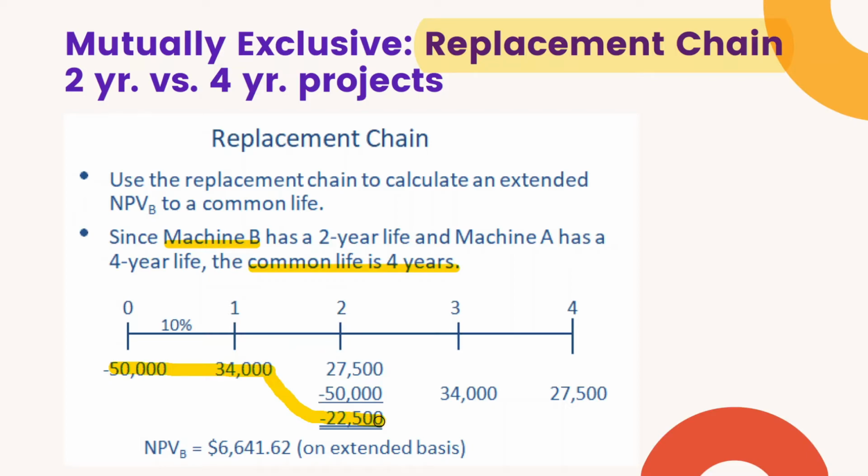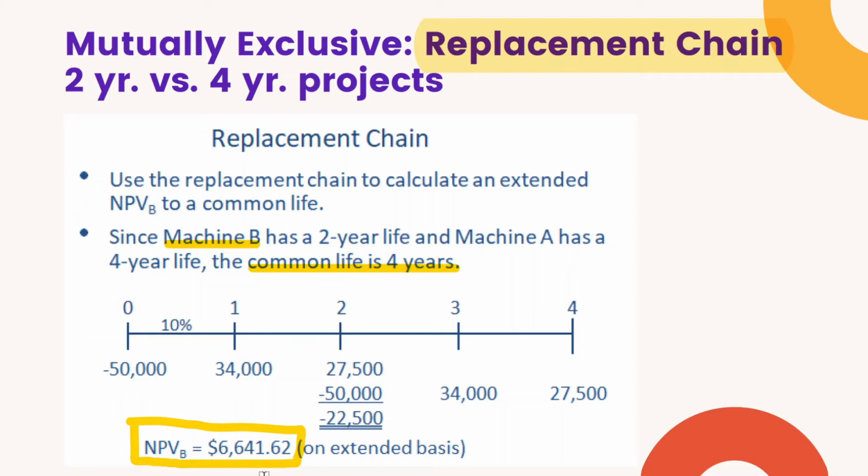This is a cash outflow. The relevant cash flows in year 3 will be $34,000 and in year 4, $27,500.